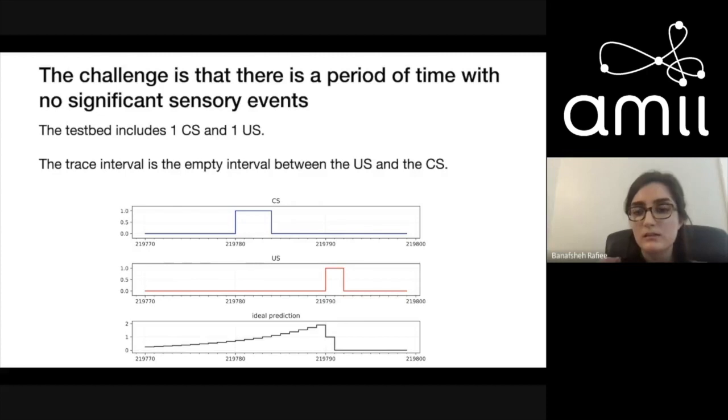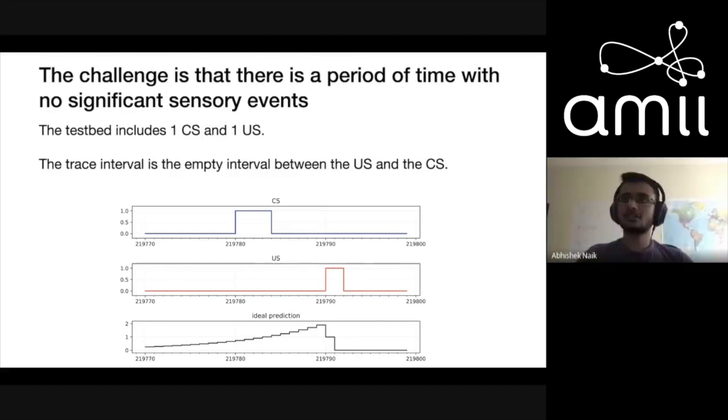Is it clear? So we have the same return definition of the cumulant at time step t plus 1, plus gamma times the cumulant from time step t plus 2, plus gamma to the power of 2, and so on.